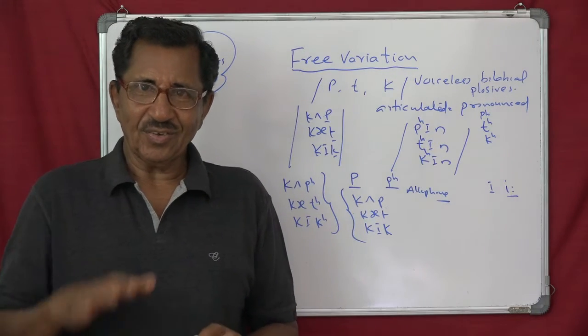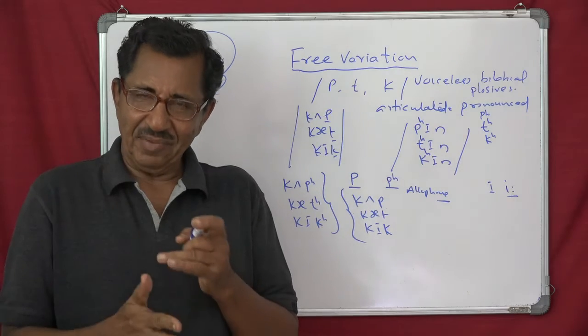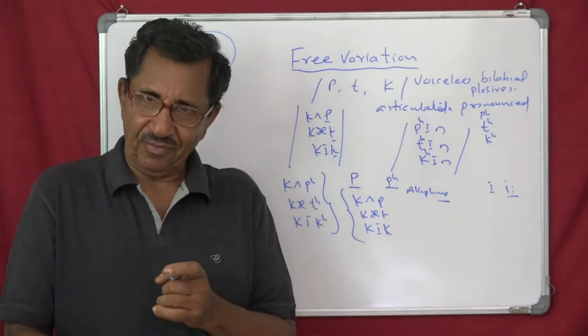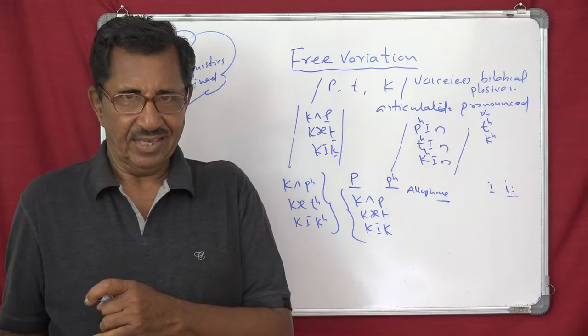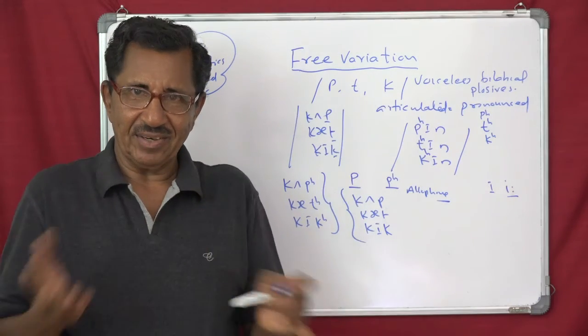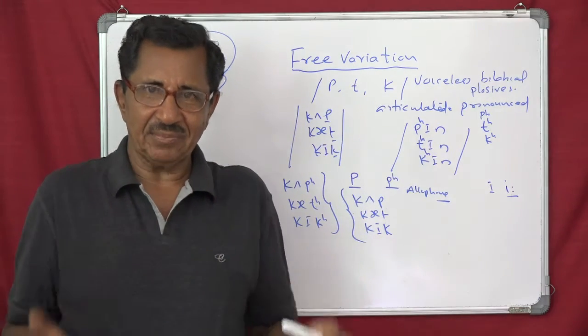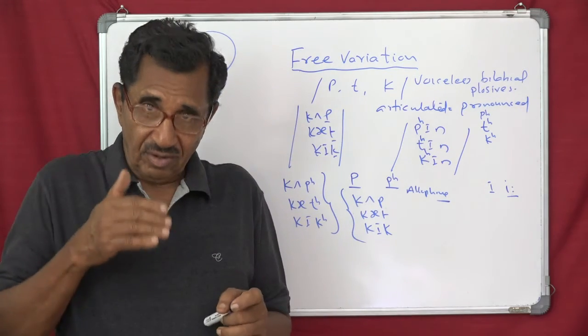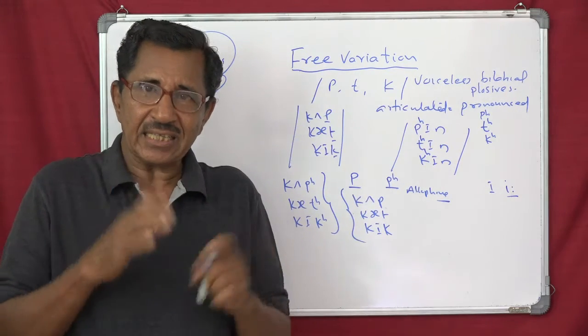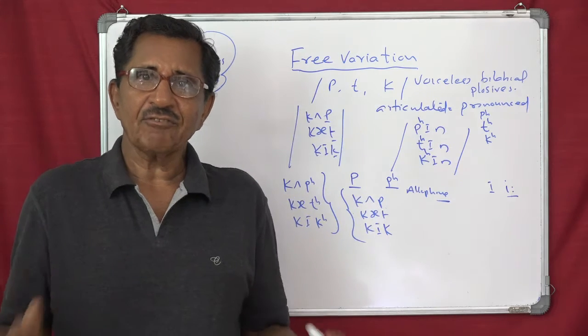Understand? So you can use a phoneme instead of an allophone, or an allophone instead of a phoneme. So that means they are interchangeable. Mutually interchangeable, not mutually exclusive. So sounds which are mutually interchangeable, we say that they are in free variation.